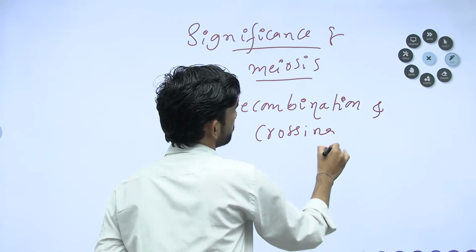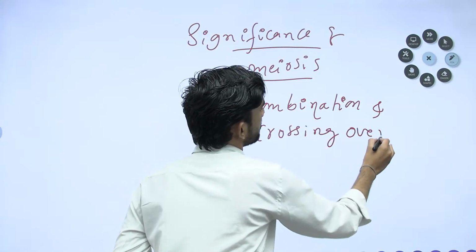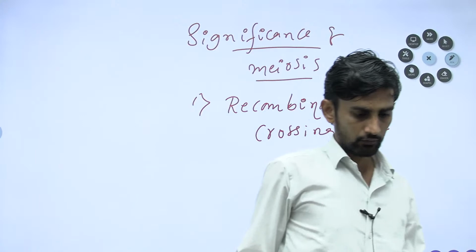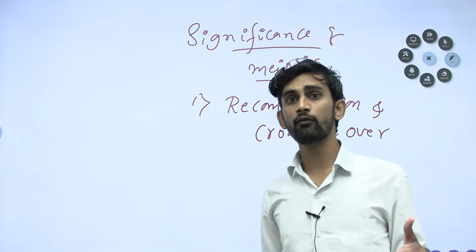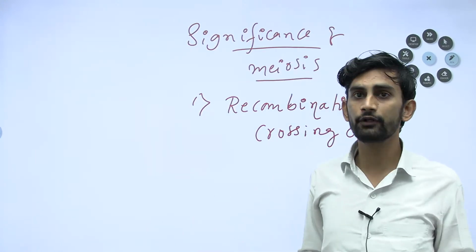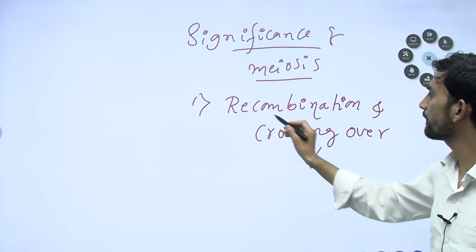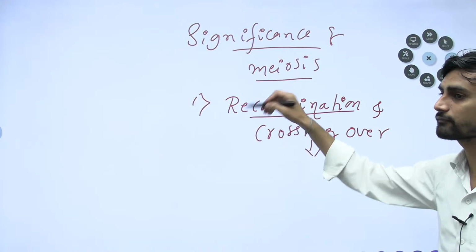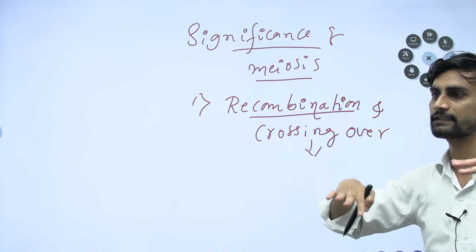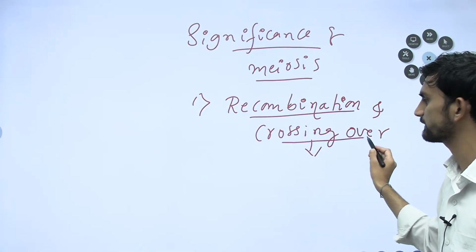You will ask, sir, why? By exchanging genetic material, what is the use in a sexually reproducing organism? You have to remember, by recombination, re means once again combination, new varieties will come. That is by undergoing crossing over.